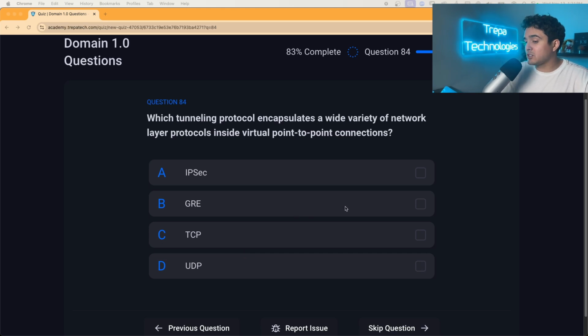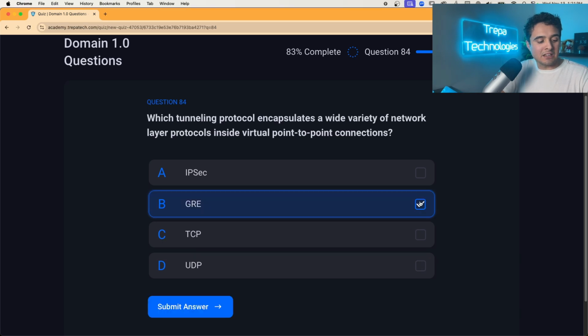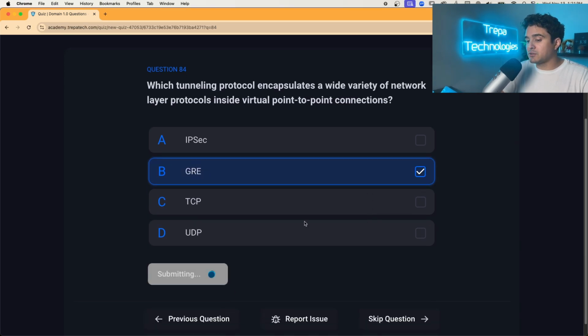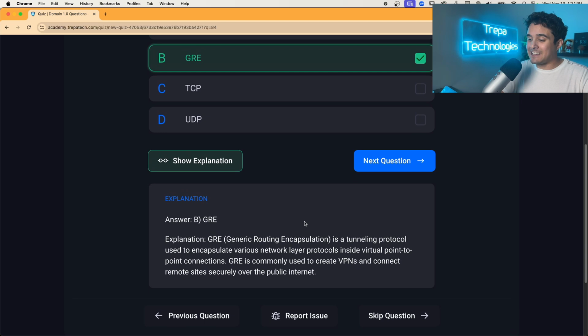Generic routing encapsulation protocol allows all network traffic, multicast, broadcast, anycast, where IPsec doesn't. IPsec doesn't actually offer multicast. So I do believe that the answer for this question will be B, GRE, the generic routing encapsulation protocol. And we got it right. Go ahead and pause the video if you'd like to read the explanation.